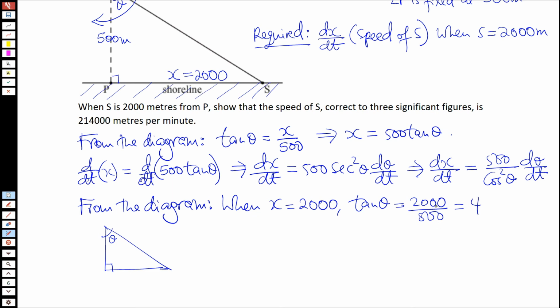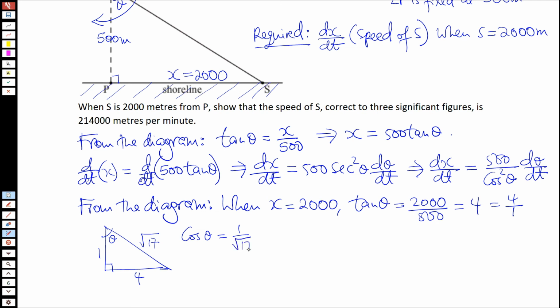Tan theta is 4, and 4 is the same as 4 over 1. So tan theta is 4 over 1, and by Pythagoras theorem, this length here will be the square root of 16 plus 1, which is the square root of 17. So that implies that cosine of theta will be equal to 1 over square root of 17.